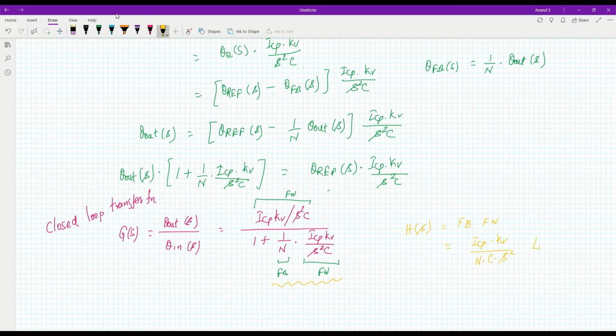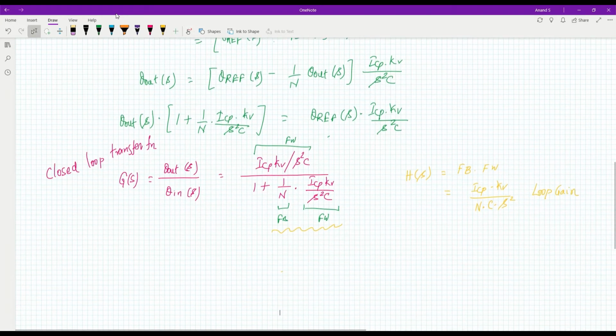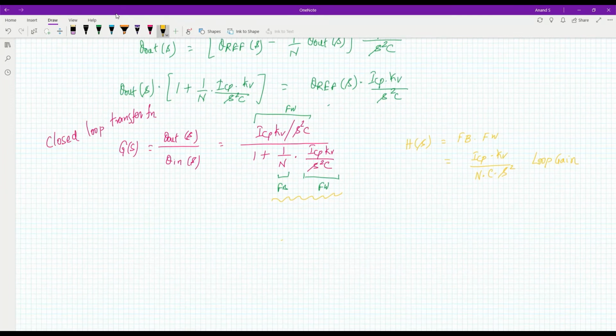So this is called loop gain. Okay, so if we replace this term with H of S, we can get the closed loop gain G of S as H of S multiplied by N divided by 1 plus H of S. Okay, so this is the closed loop transfer function of the PLL.